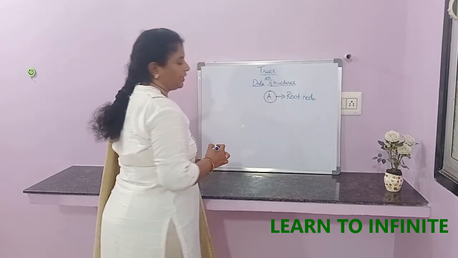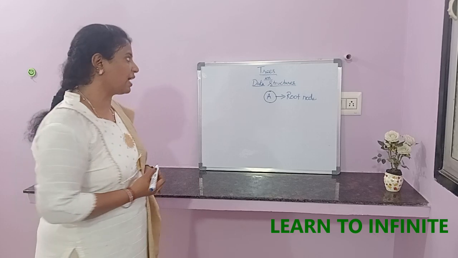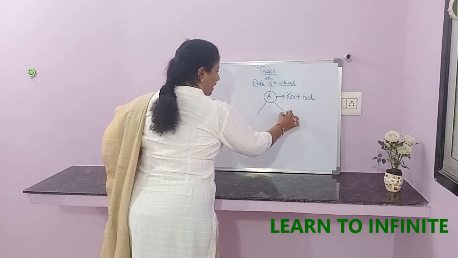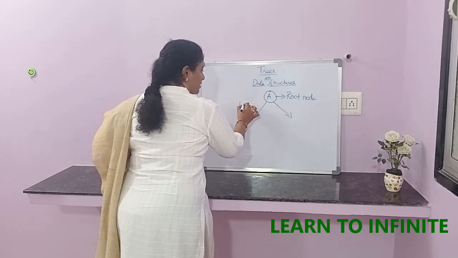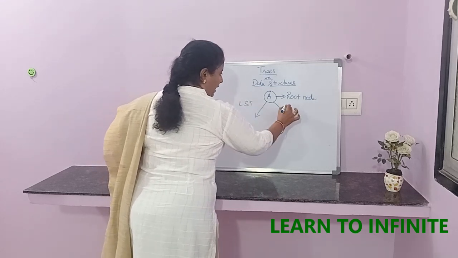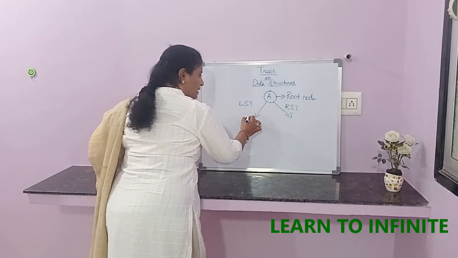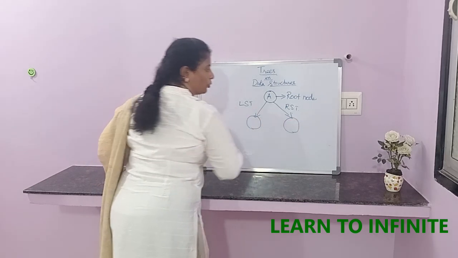Similarly, as all trees have branches, the same way the tree has two branches. We name them the left subtree and the right subtree. So any binary tree has a left subtree and a right subtree.